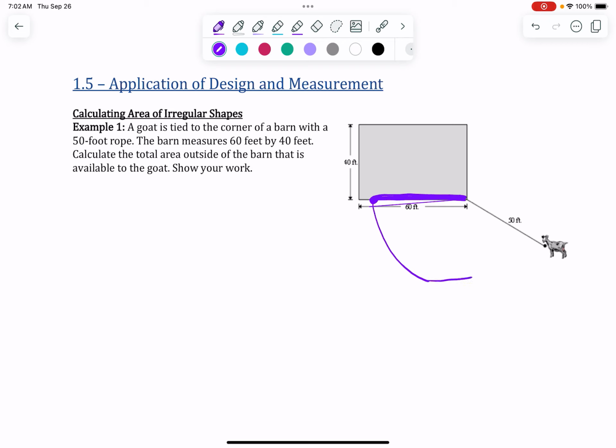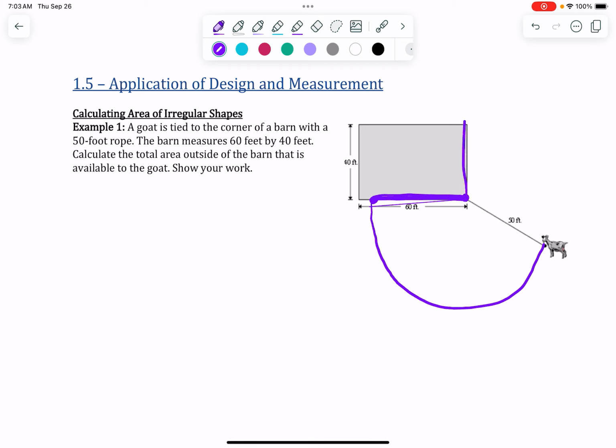That's a terrible circle. Let's see what we can do. And the goat can travel along that circle with that leash. Now, same idea can go in the opposite direction, or the upwards direction.